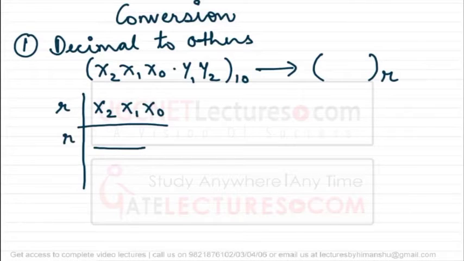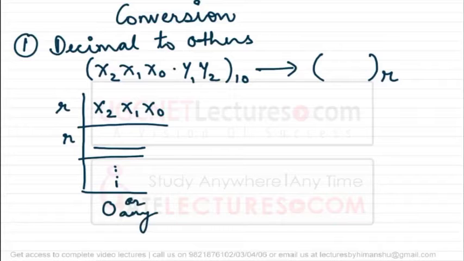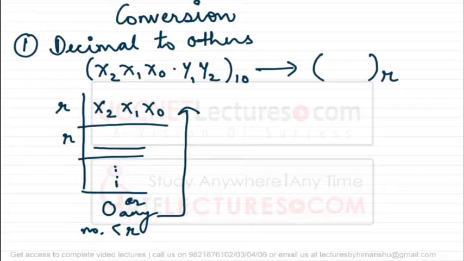You again divide this by r and you continue till you get the remainder as 0 or any number which is less than r, fine. Then you move like this. This is going to be the required integral part.